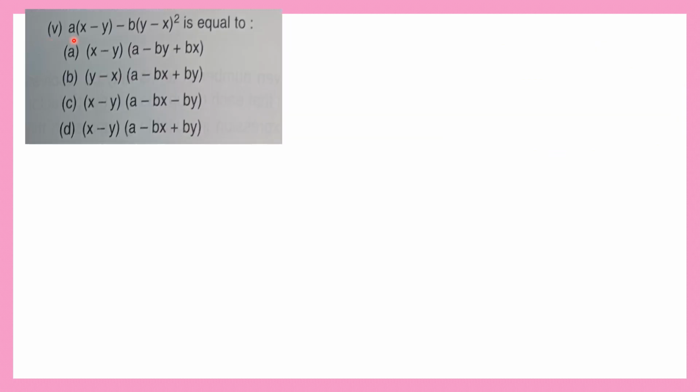Question 5. A into x minus y minus b into y minus x the whole square is equal to which of these options? So the question is a into x minus y minus b into y minus x the whole square. Now x minus y and y minus x are different. So what we have to do here is try and get it in this format.